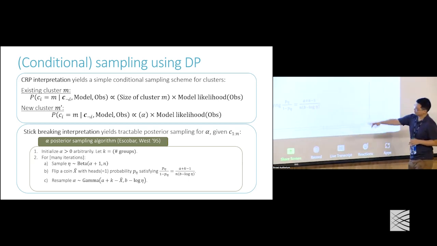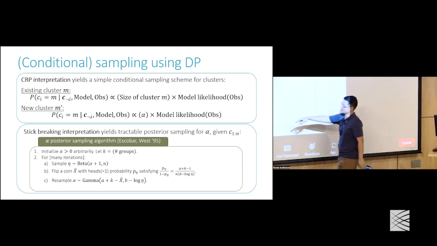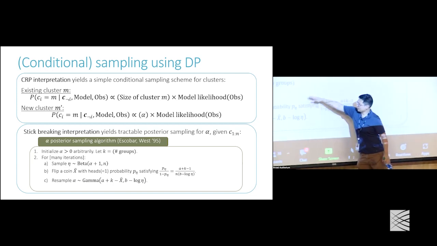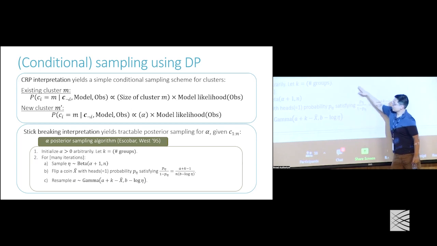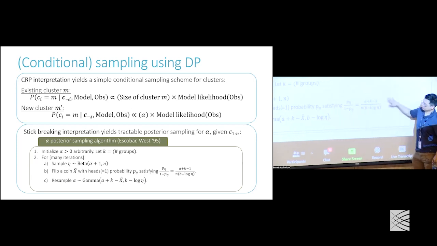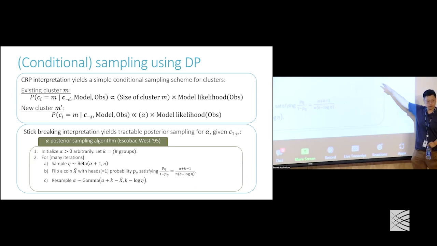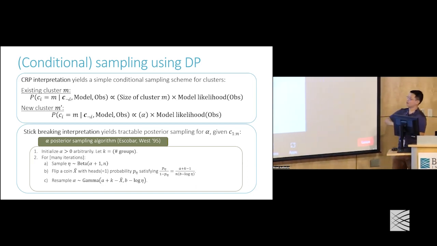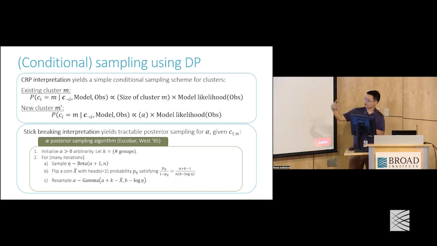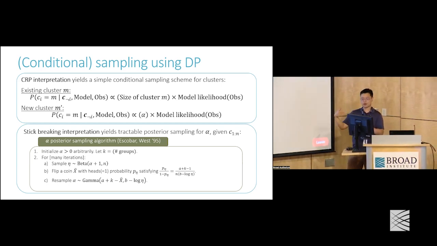You see this beta distribution, and it turns out that if you do this auxiliary trick, you can resample alpha according to gamma, and you do this for many iterations. If you stare at it for a little while, it's itself an MCMC algorithm, right? For one single step, you're going to want to resample an alpha, but to resample an alpha for a single step, you're going to employ a mini Markov chain to do that for one step.